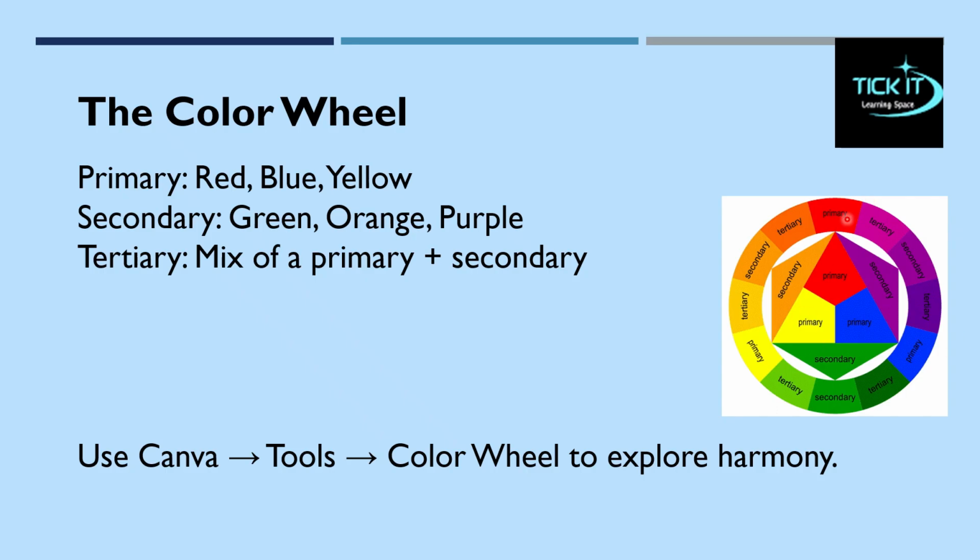That makes the secondary, and then we have the tertiary colors here. You can pause the video here, look at this wheel, and familiarize yourself with all of this. So still log into Canva, go to tools and the color wheel to explore harmony.